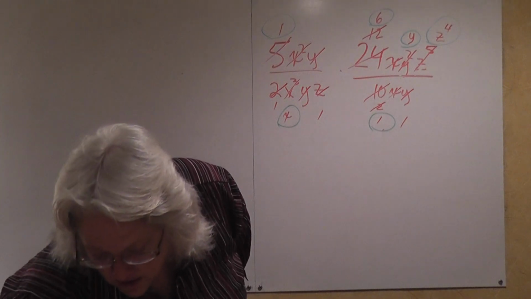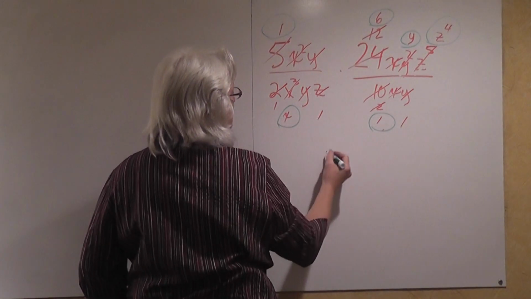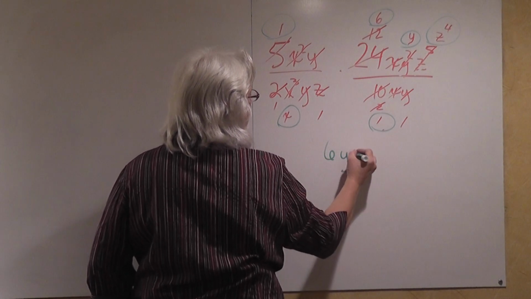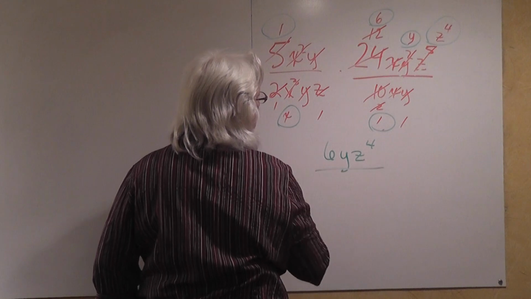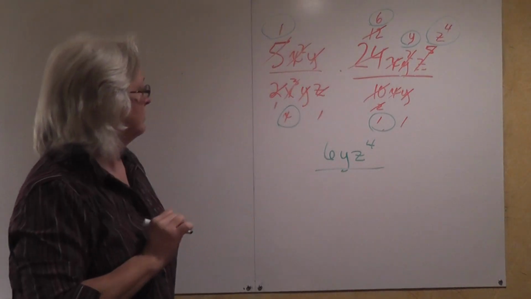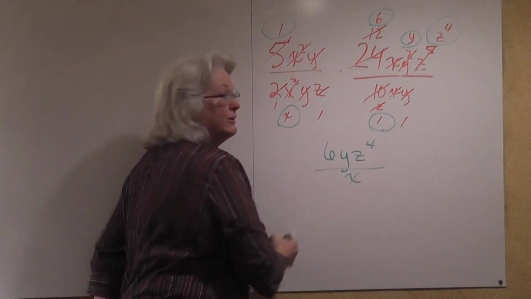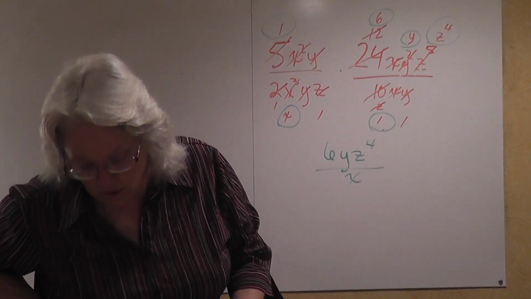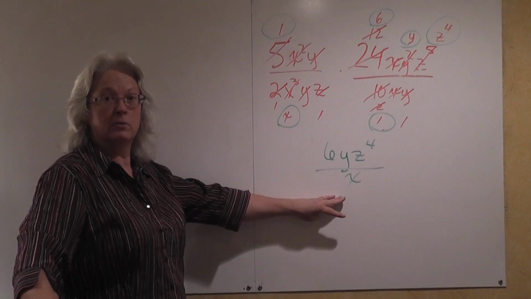So let's see if we are correct. 6yz to the fourth, I have that all over a denominator of x. And if you check your answer on page 466, that's exactly what we've ended up with.